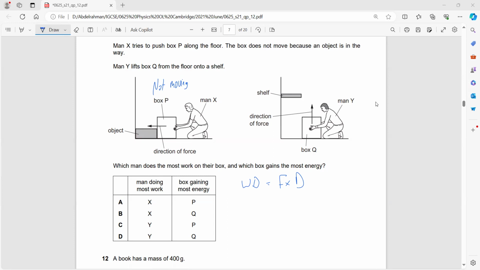You can keep on pushing the wall for an hour, but the wall will not move, so you will not be doing any work on the wall. This is the same case for man X. So neither man X nor box P will have any work done. It's only man Y, and box Q because it's being lifted upwards.